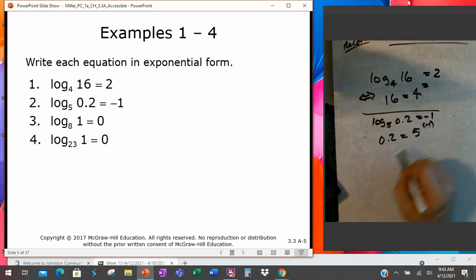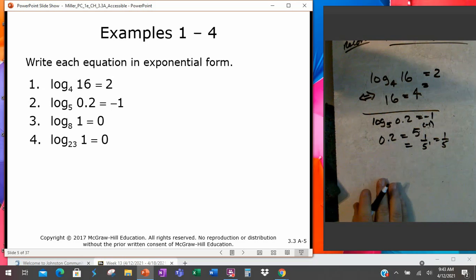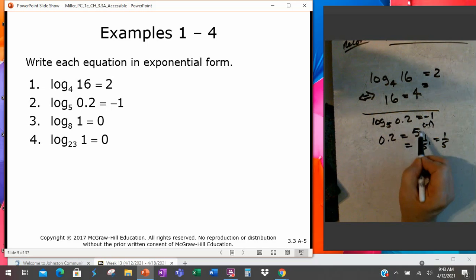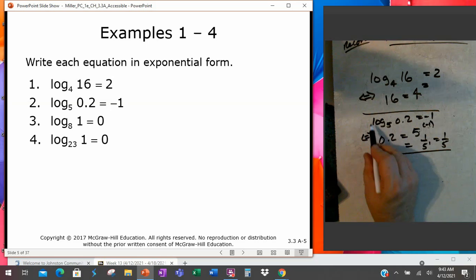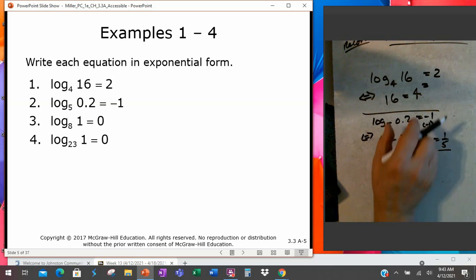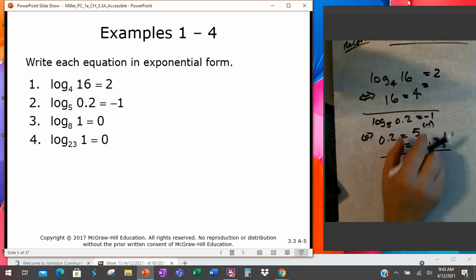Going back, this is 1 over 5 to the 1. That's the negative exponent. And 1/5 is 0.2. So I'm representing this number as a power of the base. What do I have to raise the base to? It's negative 1 in this case. So these are equivalent forms, back and forth.